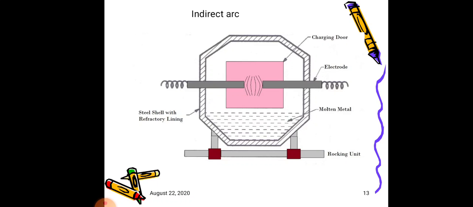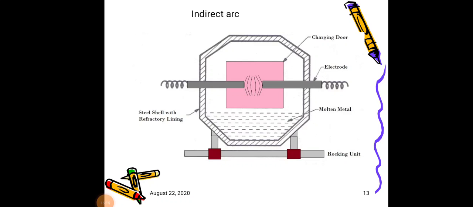Hence, such furnaces have to be rocked continuously in order to distribute heat uniformly, by exposing different layers of the charge to the heat of the arc. In this furnace, since the charge is heated by radiation only, its temperature is lower than that obtained in the direct arc furnace.